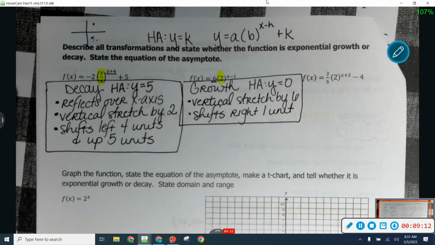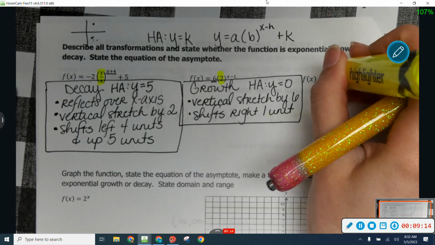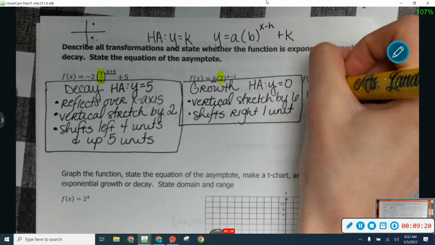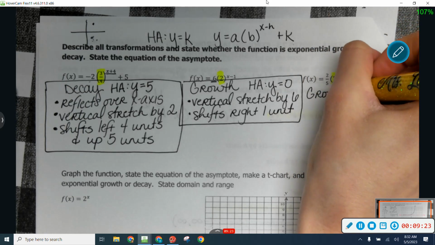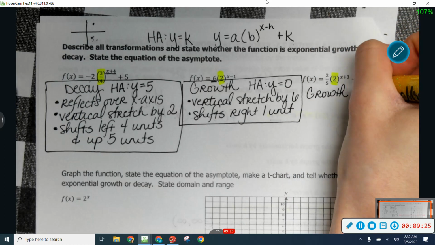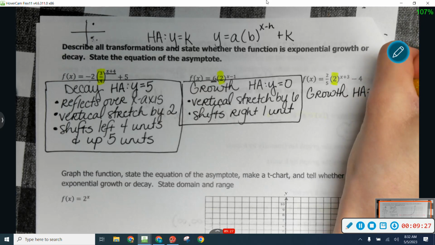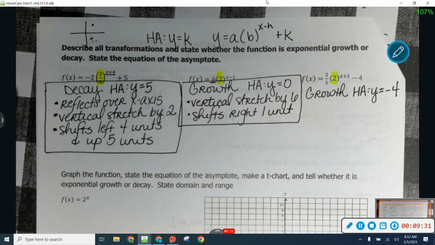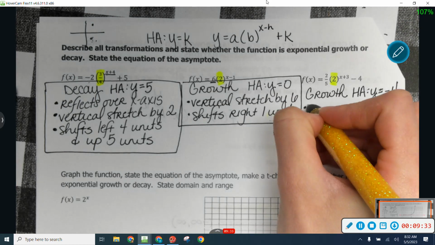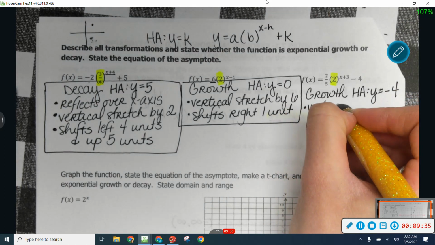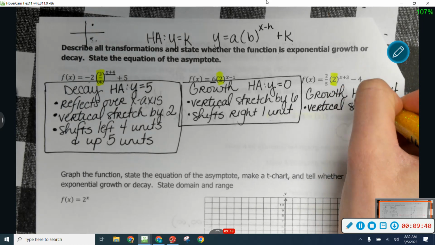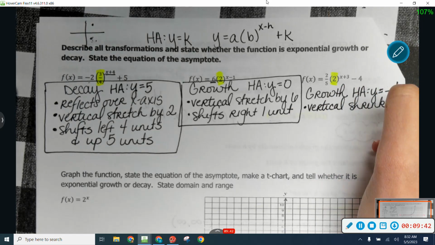Okay, next example, I've got 2/5 times 2 raised to the x plus 3, minus 4. My base is 2 again, so that is another growth. And my horizontal asymptote is y equals -4. And the 2/5 tells me I have a vertical compression or shrink by 2/5.